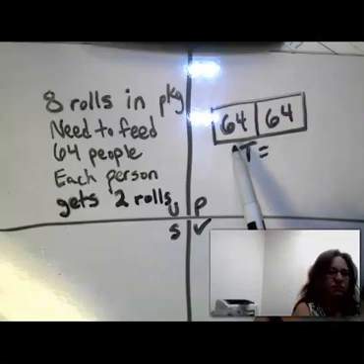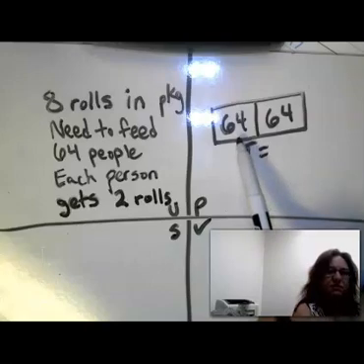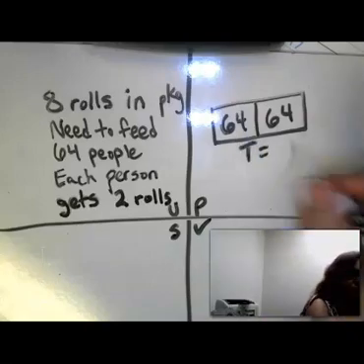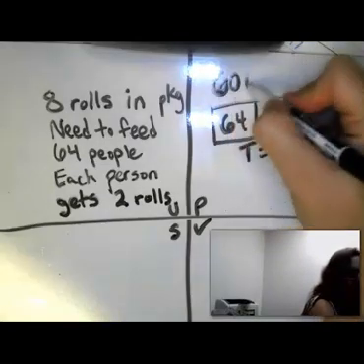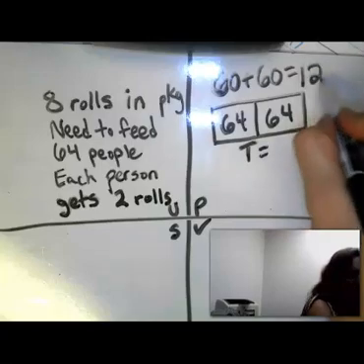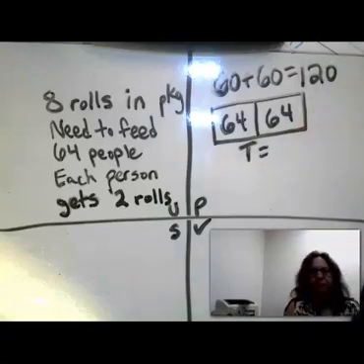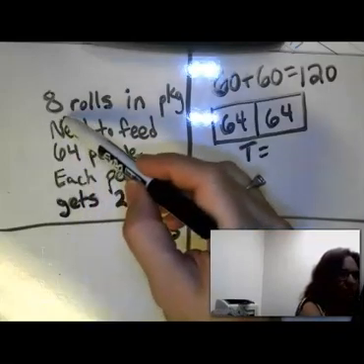And then if we round the 8 rolls up to 10 rolls, we would divide this by 10 because 8 rounds up to 10. That would give us approximately 12 packages that we need, right?